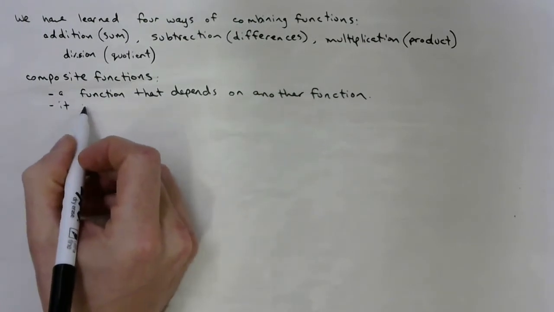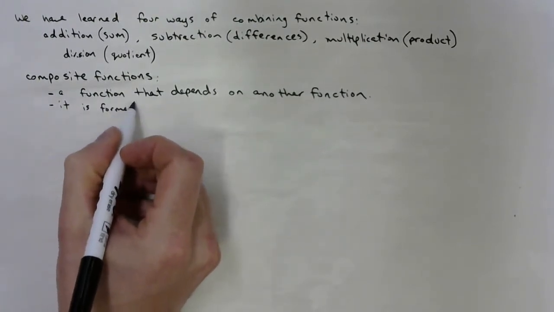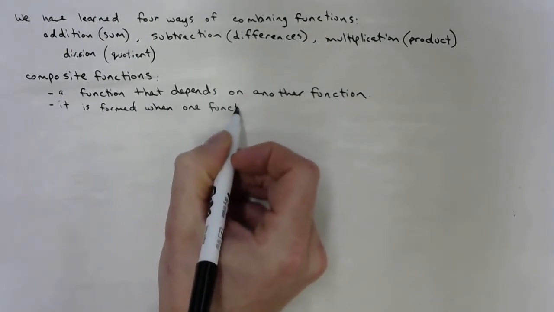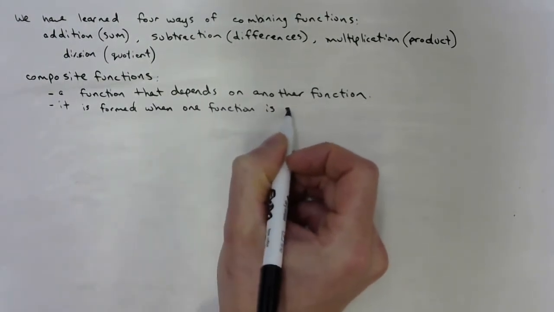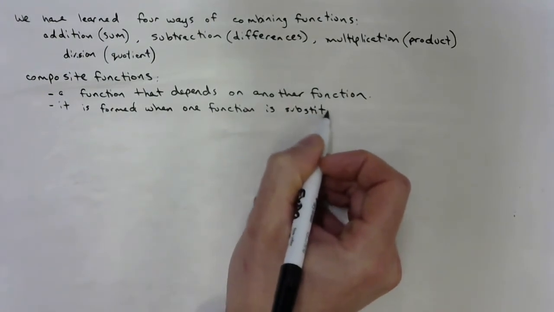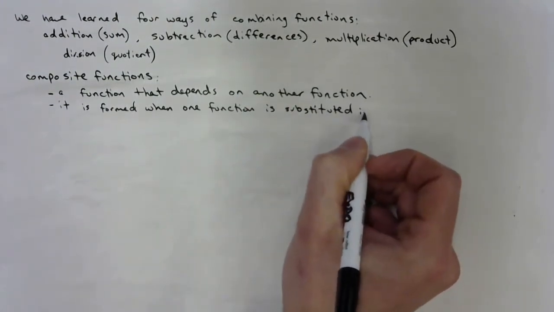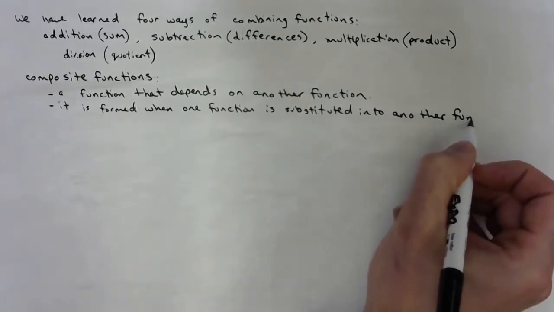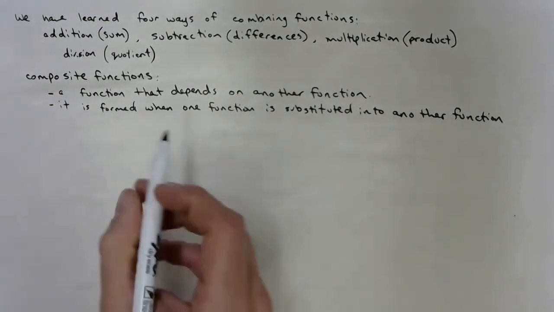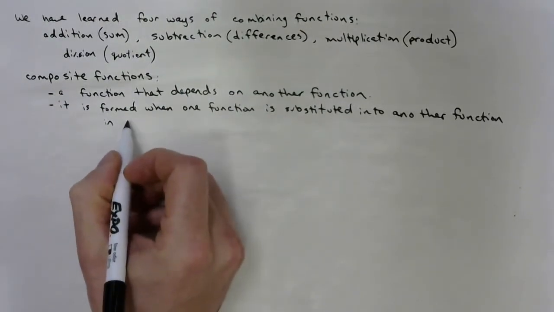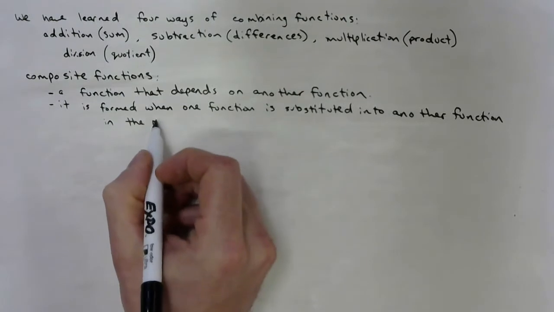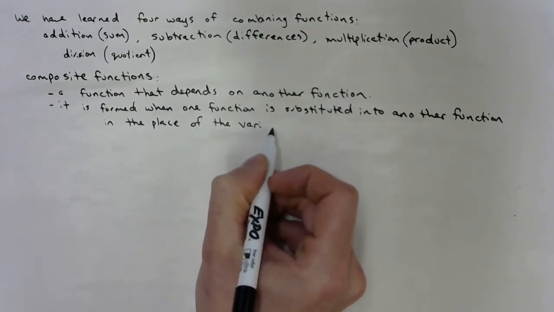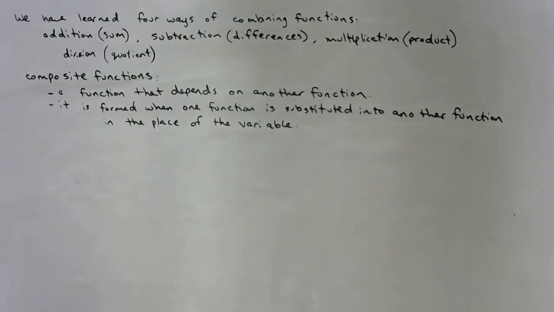It's formed when one function is substituted into another function. And you can even say, in the place of the variable. Okay, so we're looking at composite functions today.